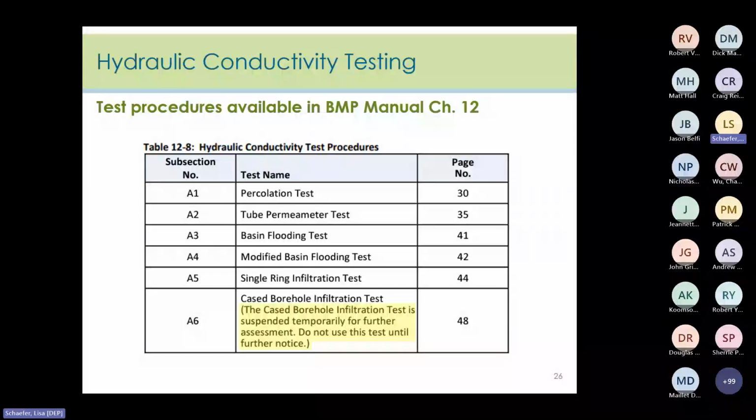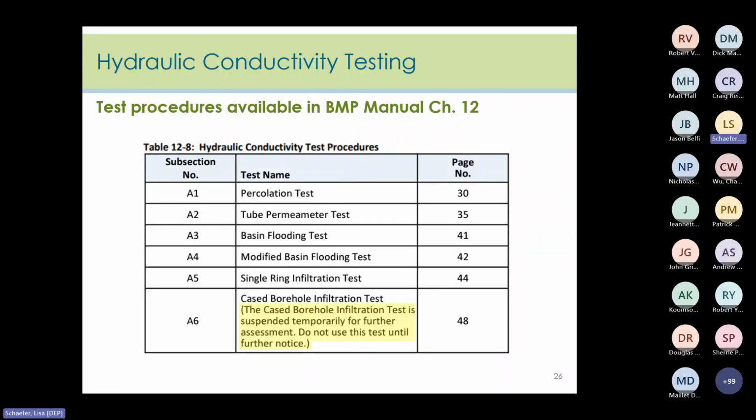The test procedures and the conversion equations for the tests shown here are available in Chapter 12 of the BMP manual. There are also worksheets for some of these. You will find the perc test, the permeameter test, the basin flooding test, the modified basin flooding test, and the single ring infiltration test at the pages noted in this table.